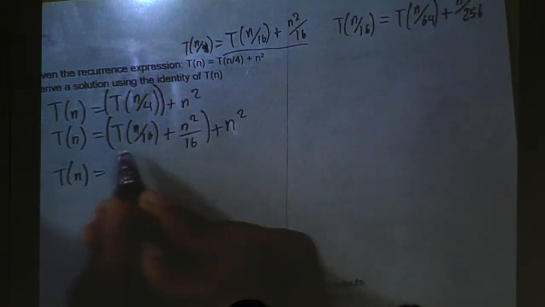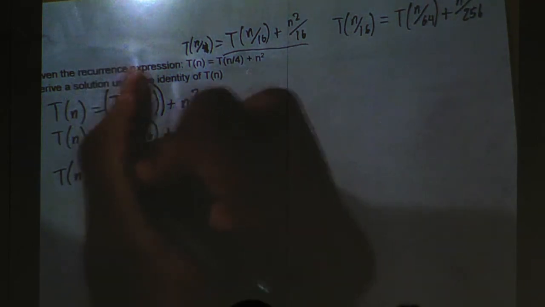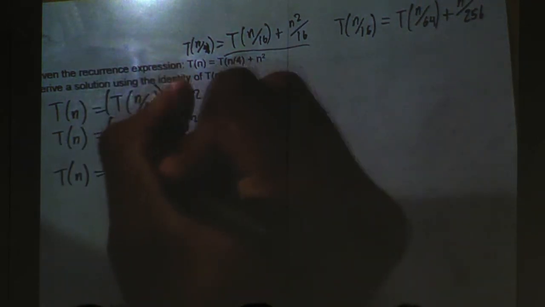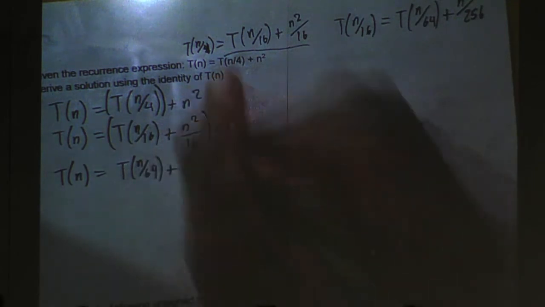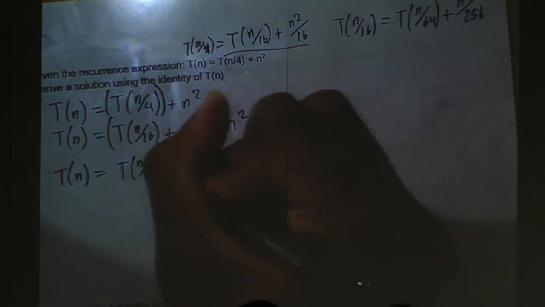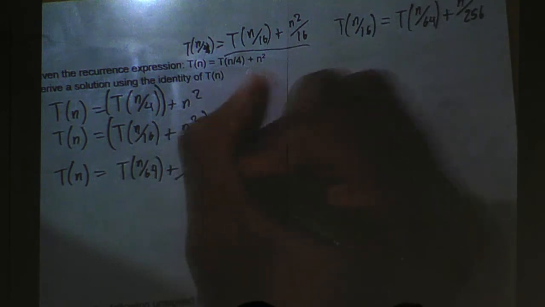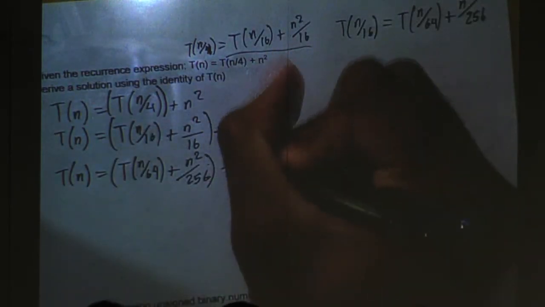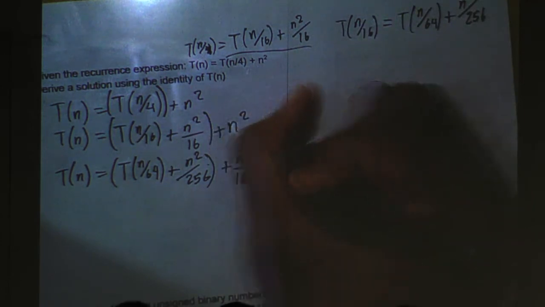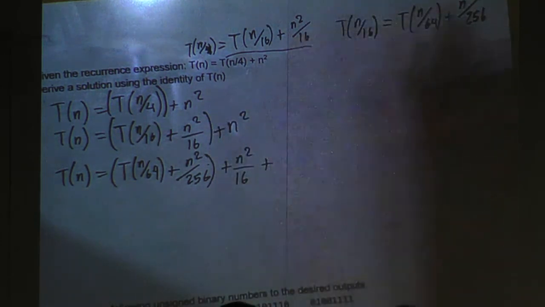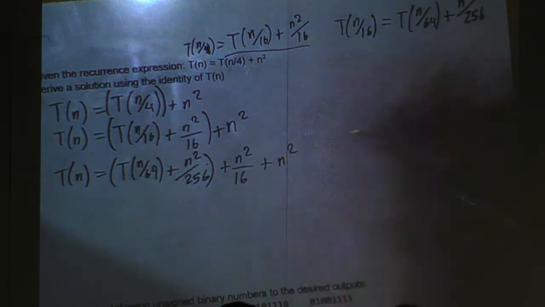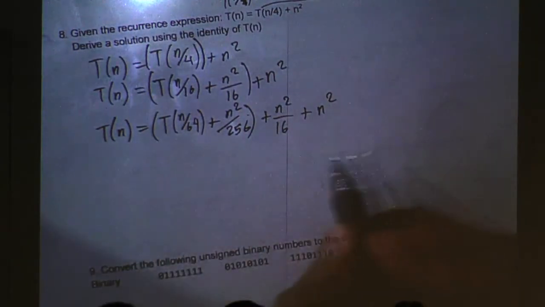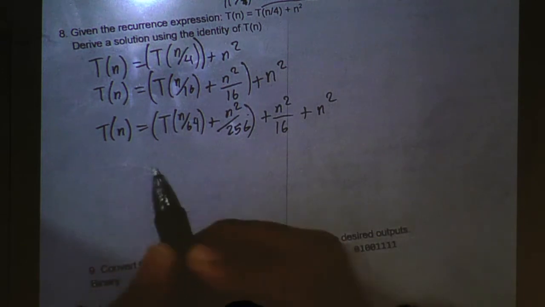So when you have the T of n over 16, that's going to turn into T of n over 64 plus n squared over 256. And then you have to carry these over. So plus n squared over 16 plus n squared. Right? So here we can figure out what the equation is going to be.